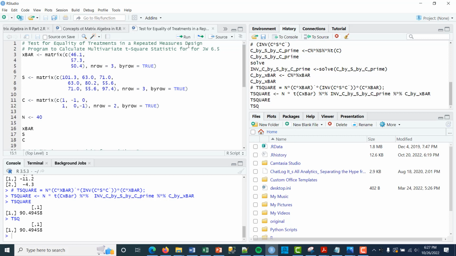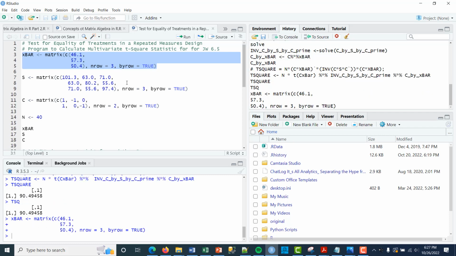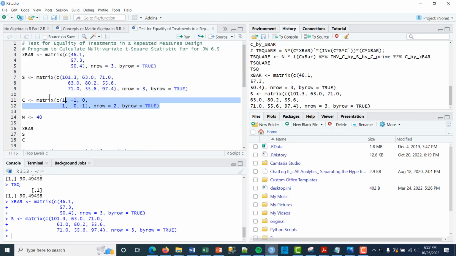So this is what I want to do. This data comes from Johnson and Wichern, and I'm going to create an X bar here using the matrix function and the combine function in R. So a 3 by 1 vector, and then I'll do the sample covariance matrix right here using the matrix function as well as the combine function in R. And then lastly, I'll create the contrast matrix here as well.